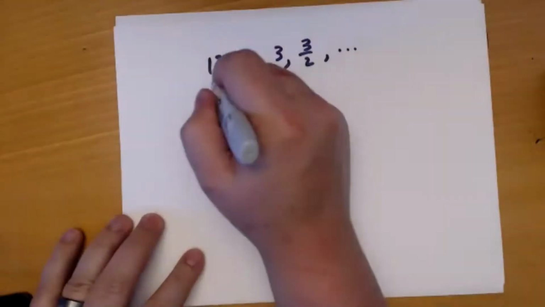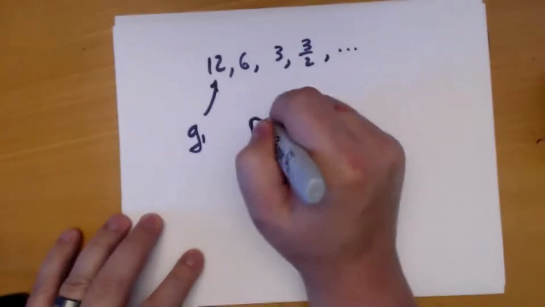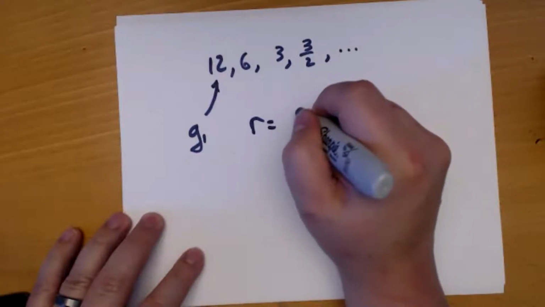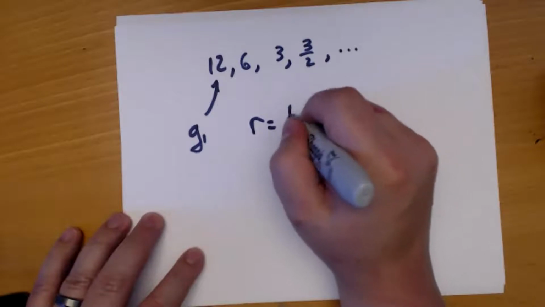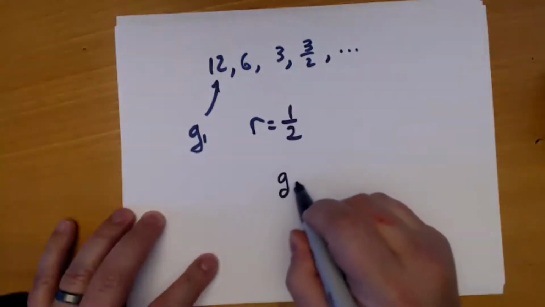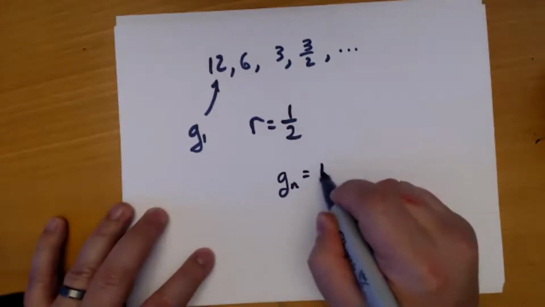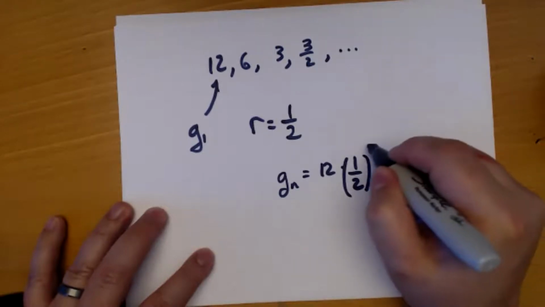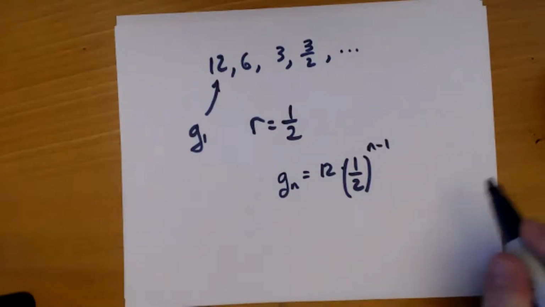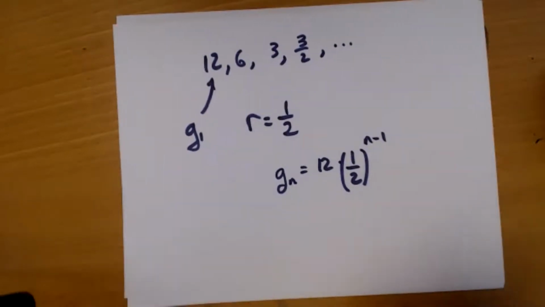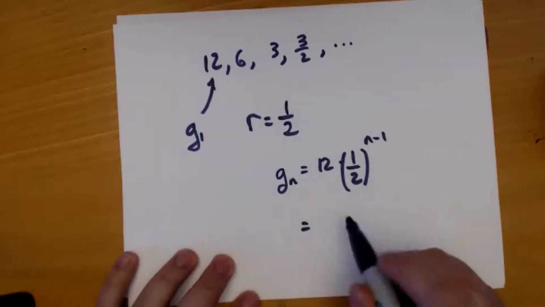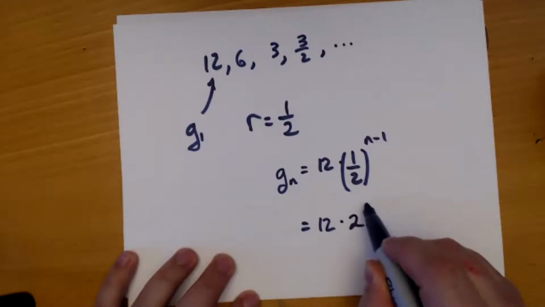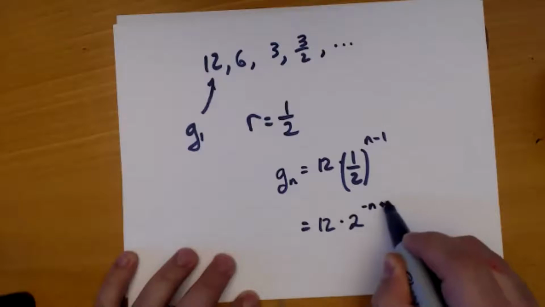Okay, so this is my G1, and what's my R? 1/2. Is it 1/2? Yeah. Okay, so G sub n is 12 times 1/2 to the n minus 1, right? Now, let's see if we can clean this up to make it look just a little bit better. So 12 times 2 to the negative n plus 1.